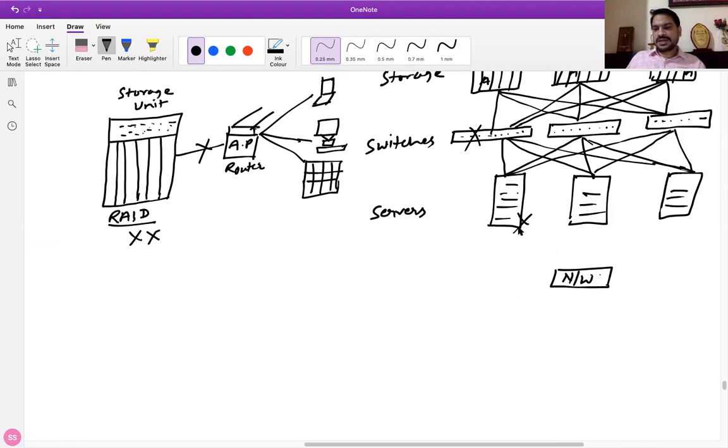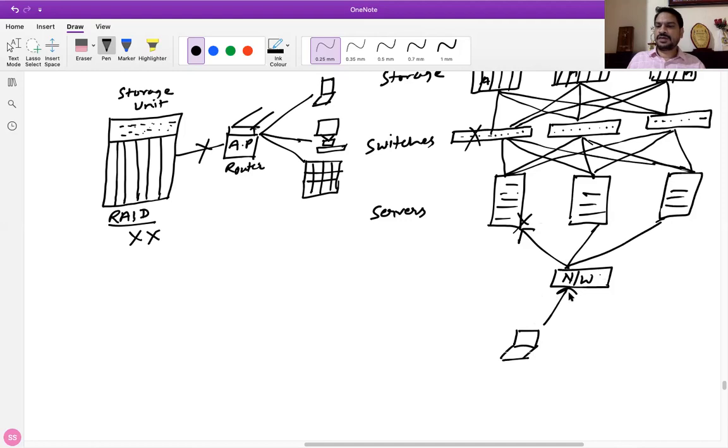Every request from the client will go through this network device, and this network device will give the request to any of the servers. Now what happens when we are using asymmetric? The network device will give the request to only one server, and this server alone is responsible for serving the request to that particular client.